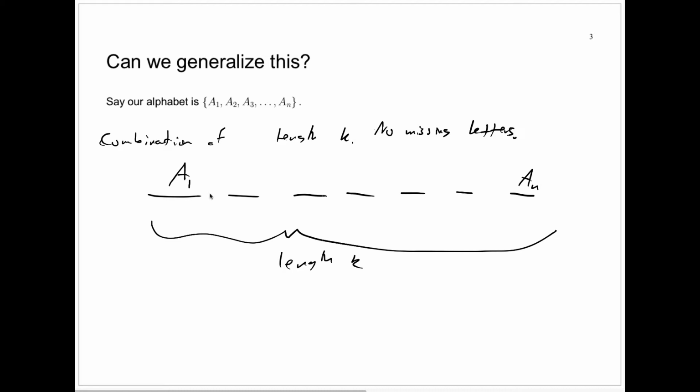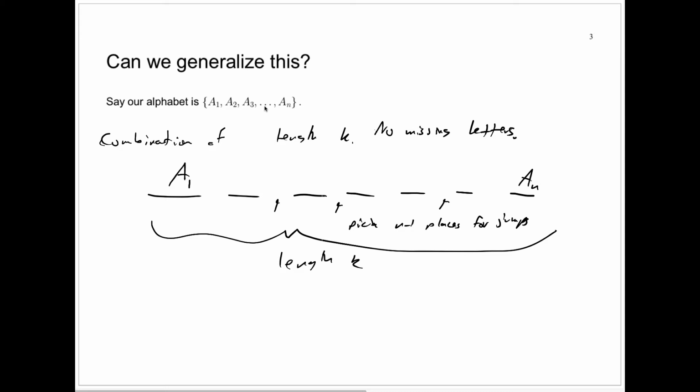Now, how many jumps do I need to place? I'll just put possible places for jumps. I have to pick n minus 1 places for jumps. And by a jump, I mean a place where we switch from A1s to A2s, or A2 to A3, or A3 to A4. A jump is just a switch in the letter to the next letter.